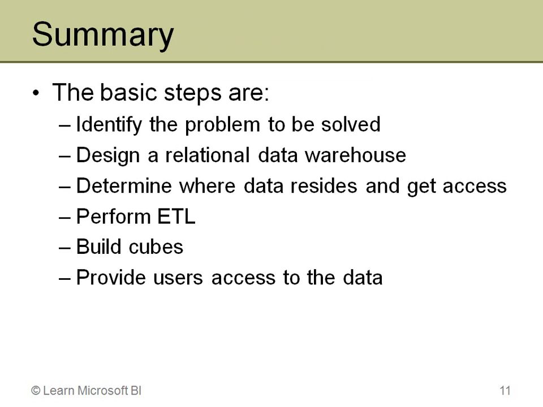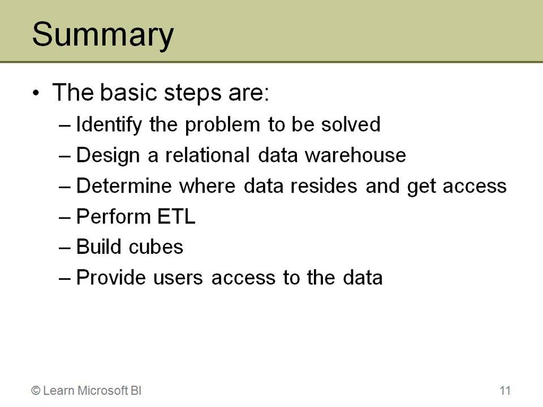So in summary, the basic steps in the data warehousing process: identify what problem the business needs solved. And in order to solve that problem, that means what are the metrics, what measures, what numbers do you need to see, and how do you need to see them in order to solve that particular problem. Once you know what metrics are involved and what dimensions are involved, then you can design the relational data warehouse based on that.